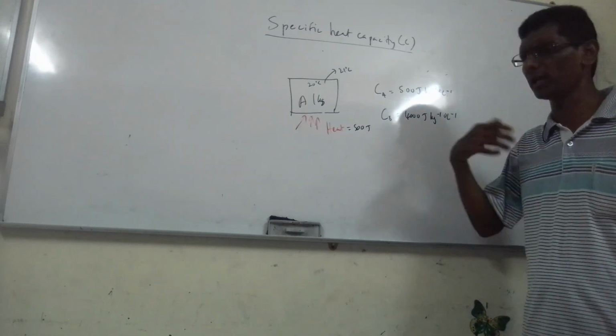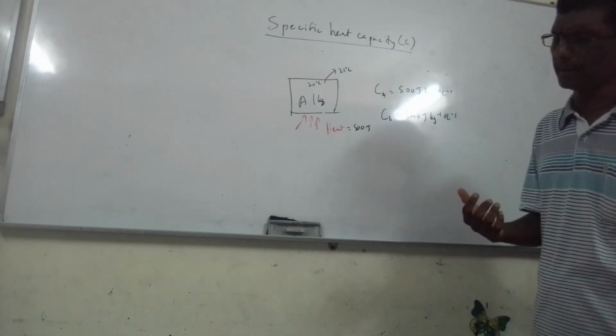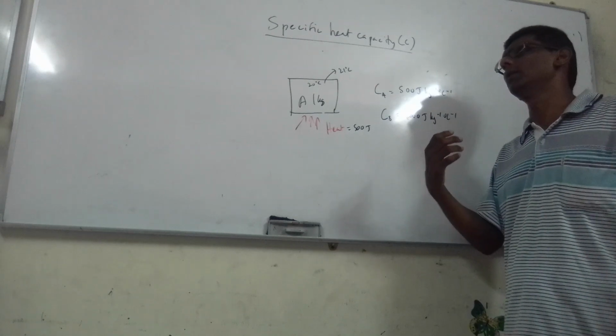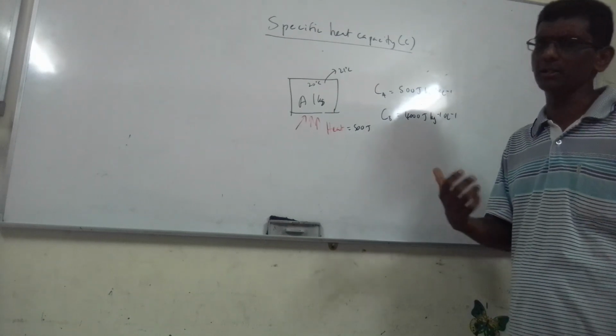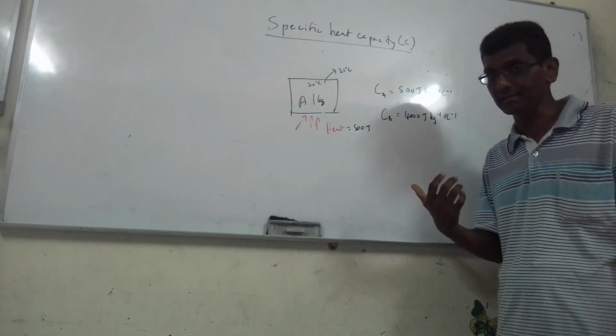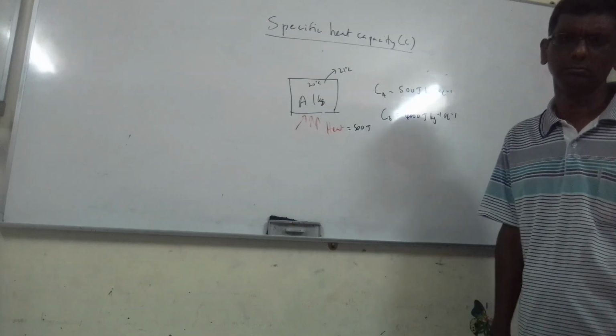That is the meaning. Or we can say it the other way around: to increase the temperature of 1 kilogram substance B by 1 degree Celsius, the required energy is 4000 joule.